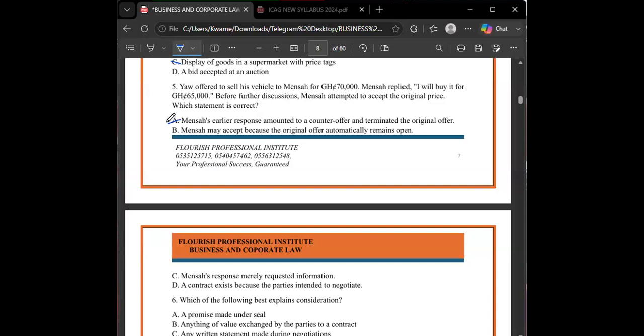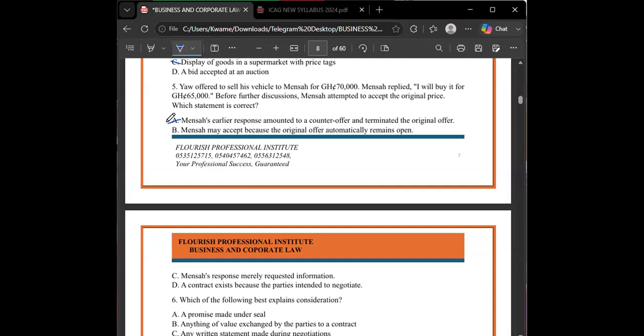So in this case, the table has turned. First, Yao was the one making the offer for Mensa to accept. Mensa is now making another offer, which we call a counter offer, and it's up to Yao to accept or not. Before a final contract is made, the offer and acceptance can turn about 5 times.